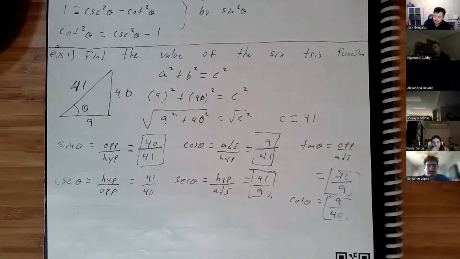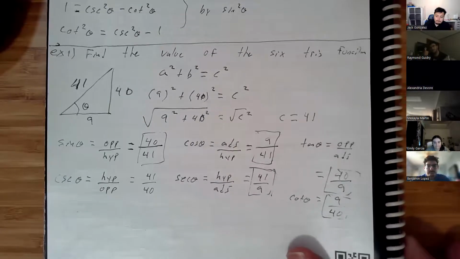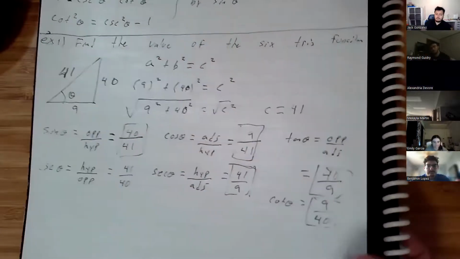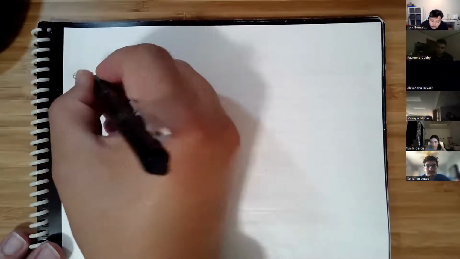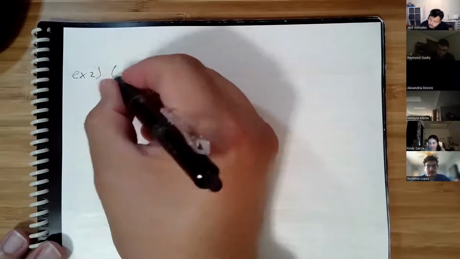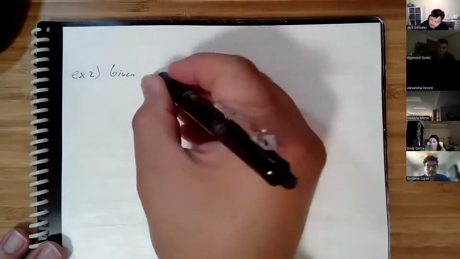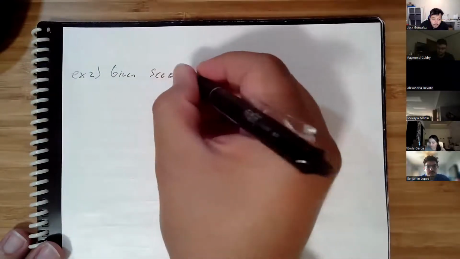All right, you guys cool on example one? All right, let's do example two. So given, let's say they give us secant of theta equals 12.